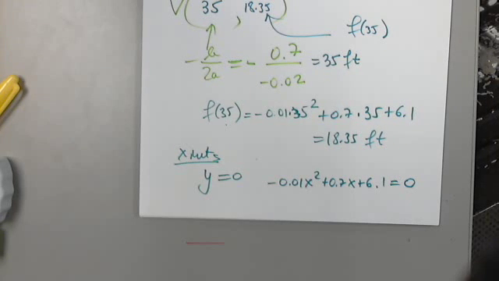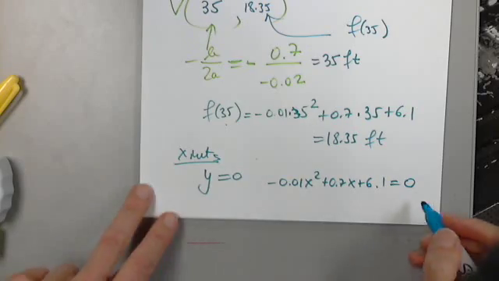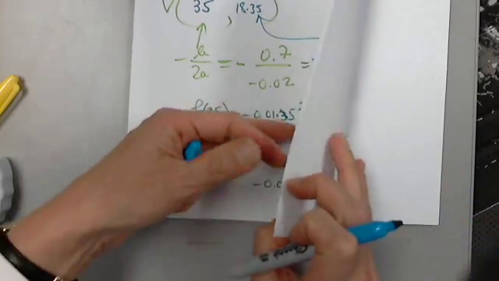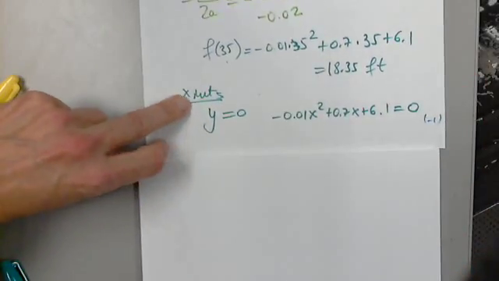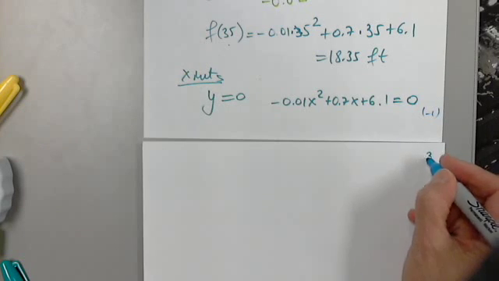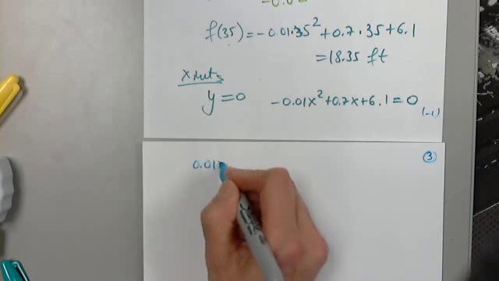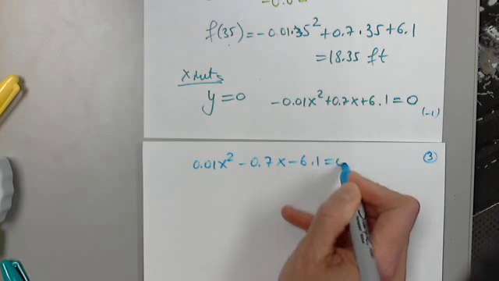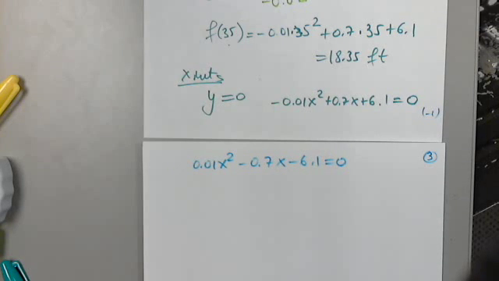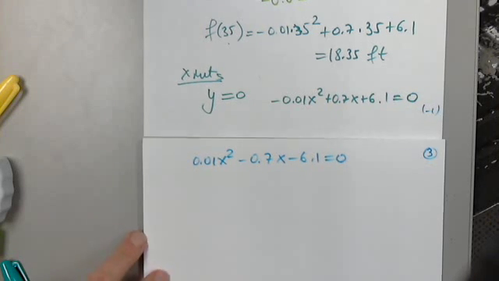Divide or multiply by negative 1. Yes. I don't want to have to deal with a negative leading coefficient, no matter what. So then 0.01 x squared minus 0.7 x minus 6.1 equals 0. Again, this is not mandatory. I recommend this step, however.